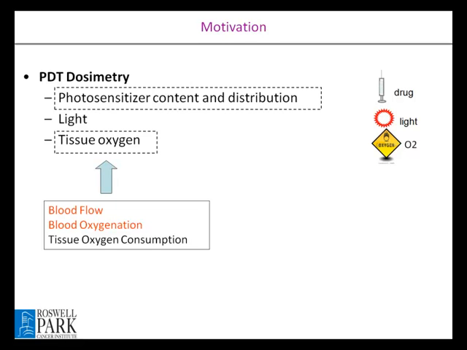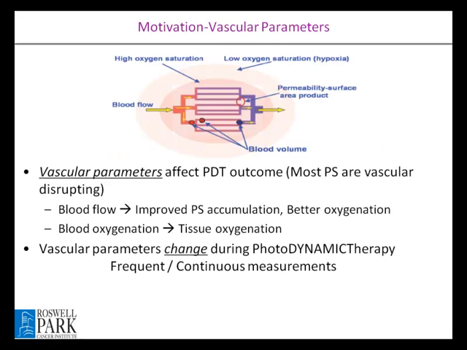For the tissue oxygen, our tools are generally vascular sensitive techniques. So we monitor tissue oxygenation indirectly. We monitor blood oxygenation, we monitor blood flow, and we can also quantify oxygen consumption, which are related to tissue oxygenation.